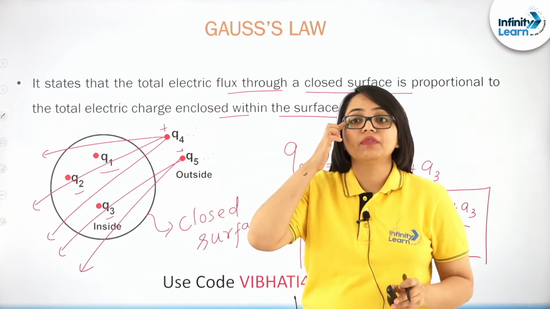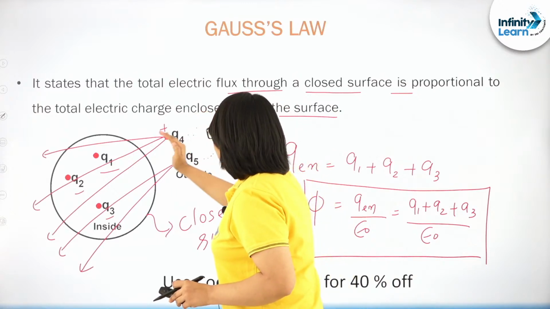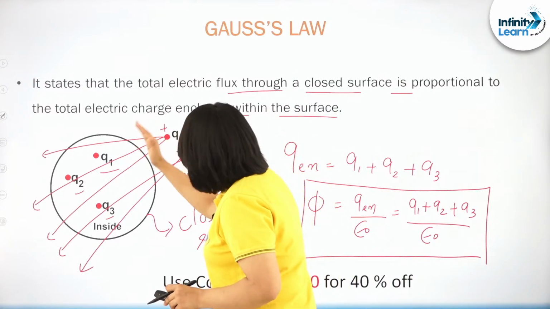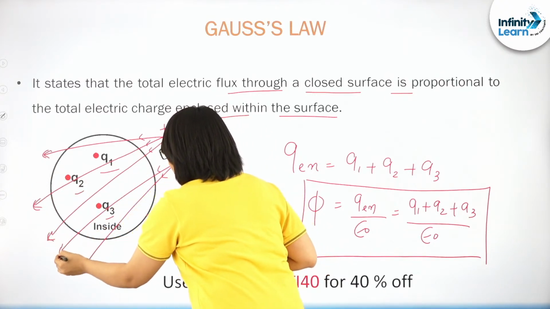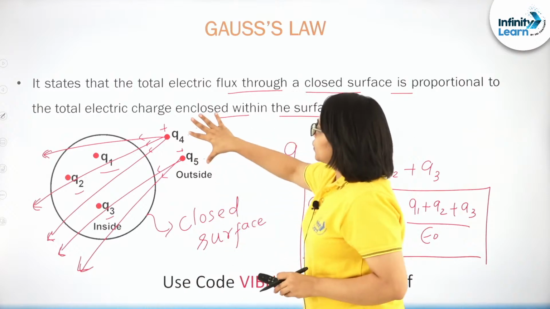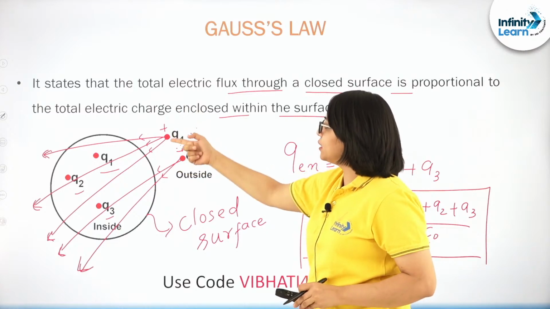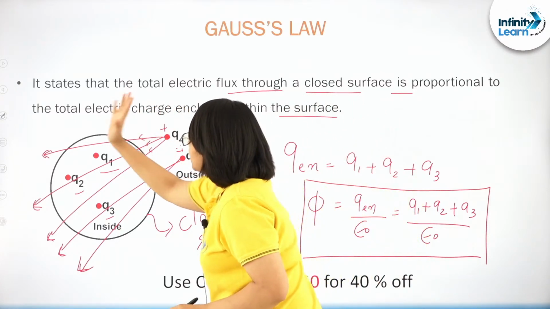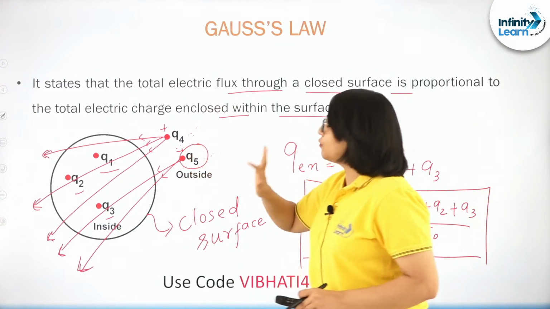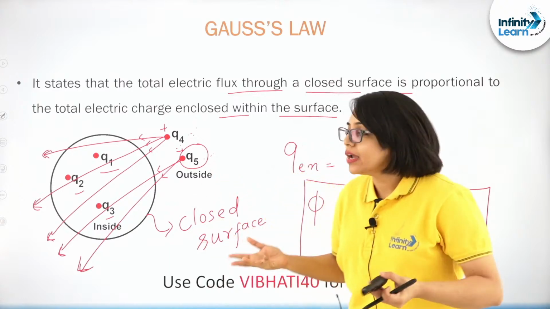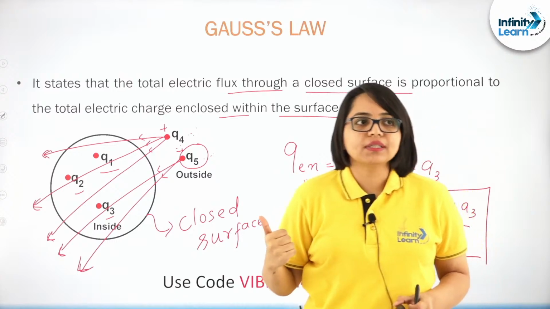Flux is the flow of electric field lines through a surface, right? So however many electric field lines of Q4 and Q5 enter this closed surface, the same number of electric field lines will exit the closed surface at the same time. So you can say that the electric flux contribution by Q4 will be 0. Why? Because incoming flux is equal to outgoing flux, so net flux will be 0. Similarly, the contribution of Q5 to the electric flux will be 0. Why? Because incoming flux is equal to outgoing flux. I hope this is clear, right?